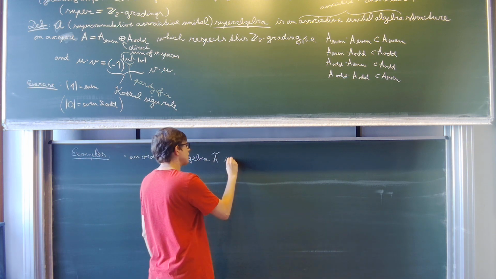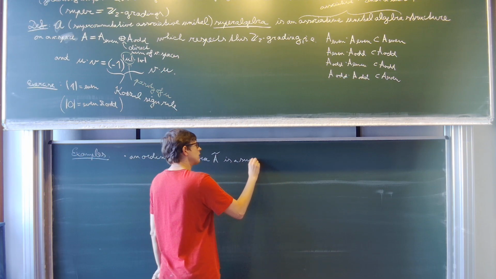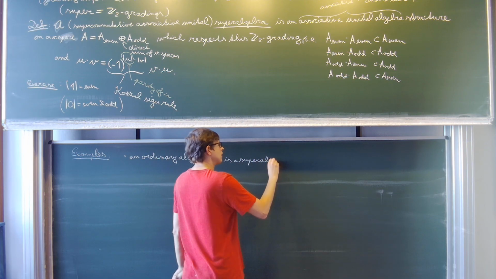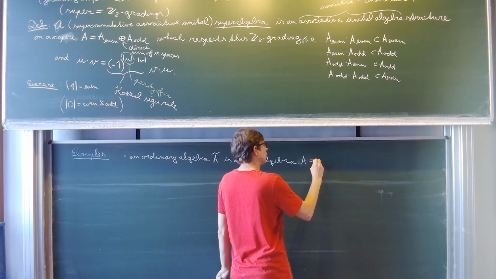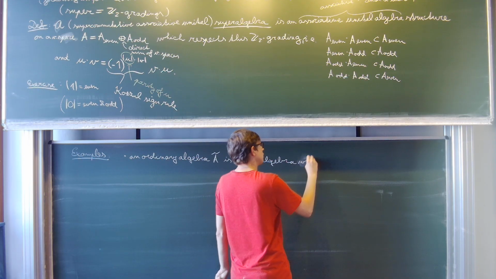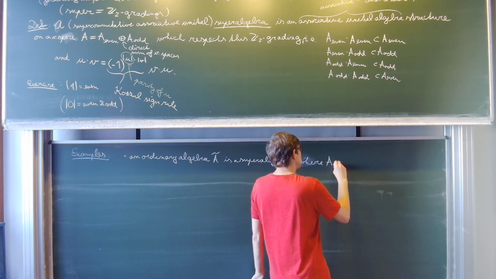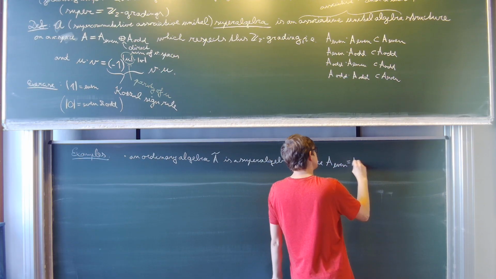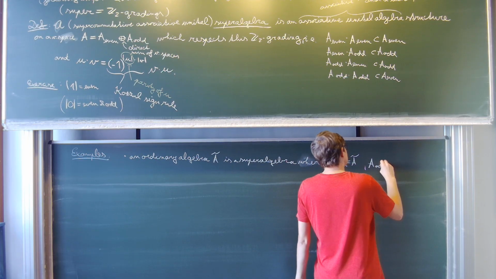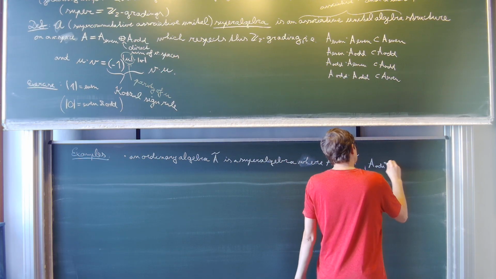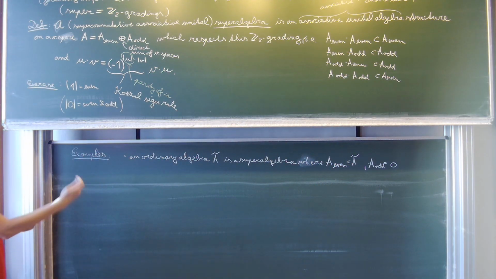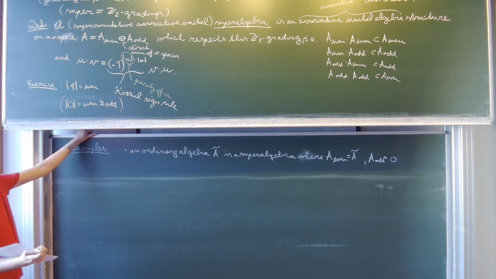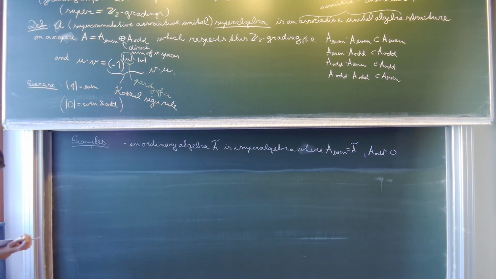This is a superalgebra concentrated in the even degree, where the even part is this A tilde and the odd part is 0. So normal stuff embeds into this super world by simply putting 0 in the odd part.